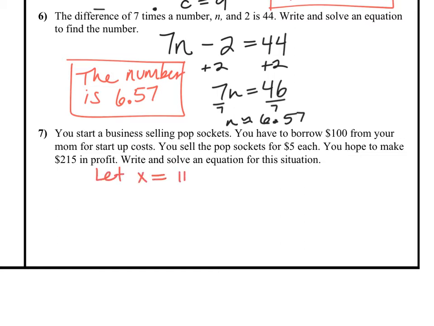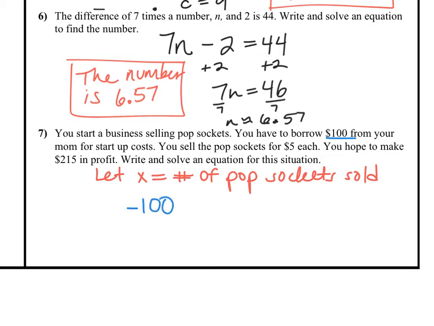So let x equal the number of pop sockets sold. And let's write our equation. You borrow $100 from your mom for startup costs. So you've lost that money. You are in debt, -100.